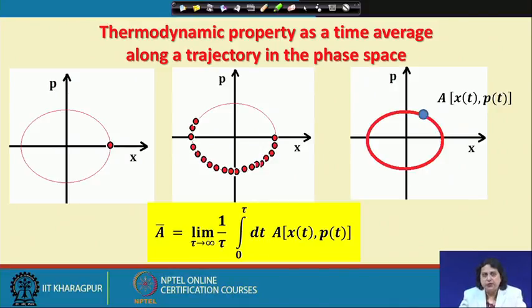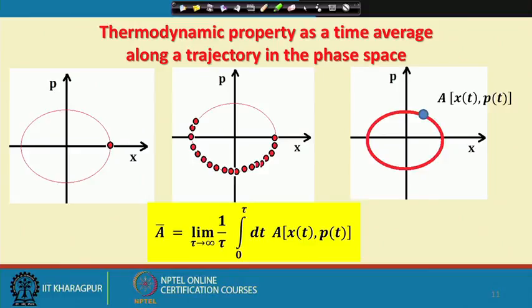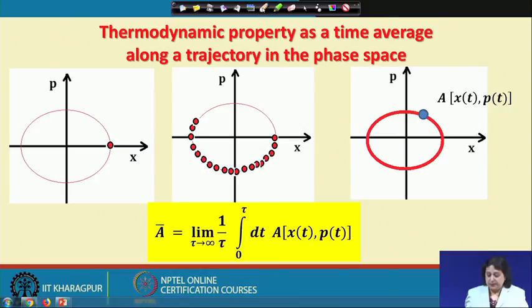Now, at this point you would obviously argue that by waiting for a very long time, what essentially you are doing is you are allowing the system to access all possible microscopic states of the system. So, A bar must in that case be equal to A obtained as the ensemble average.